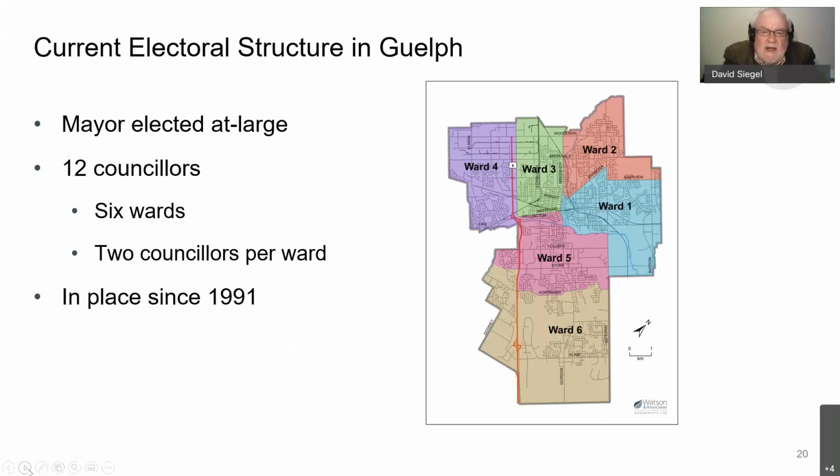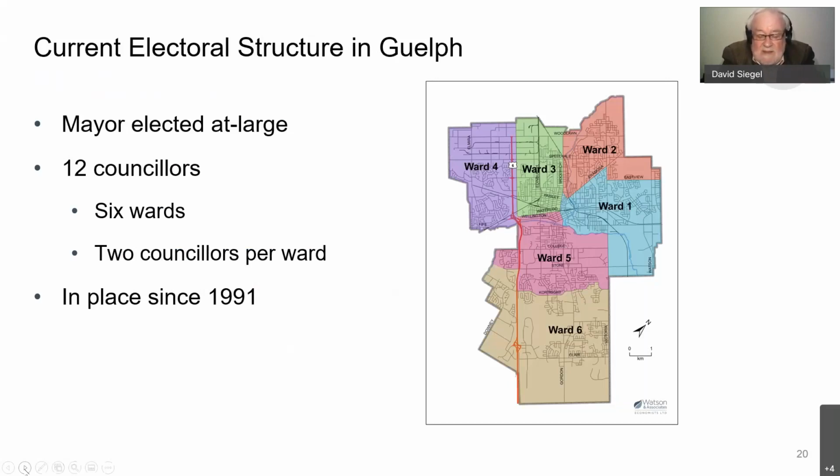And you can see the map of the current ward system. That's been in place roughly since 1991. Now, there have been several times when there have been some adjustments of ward boundaries, but the rough outline of that map has been in place for 30 years. That general configuration of wards with some changes in boundaries has been around for 30 years.